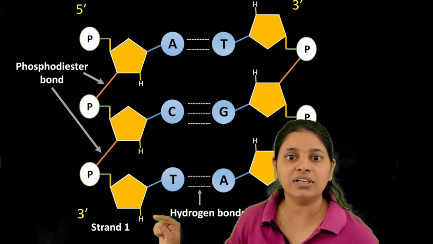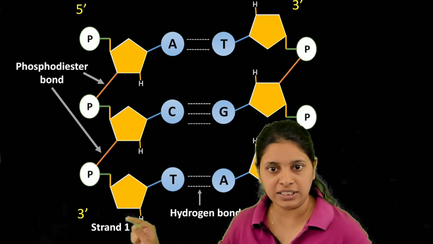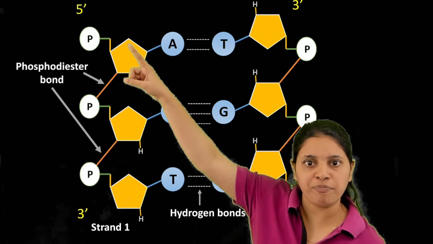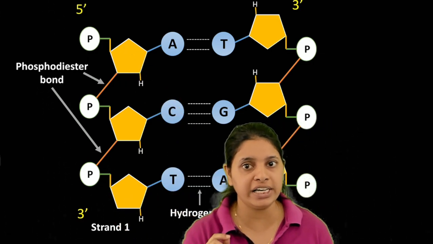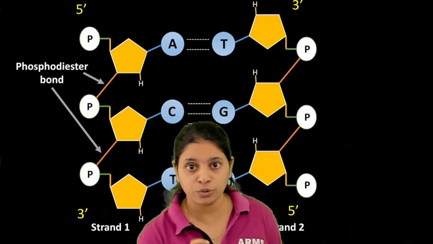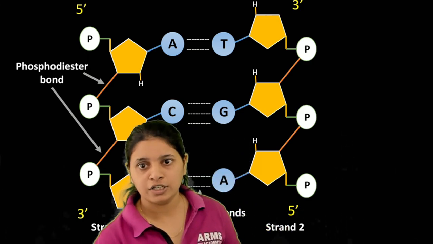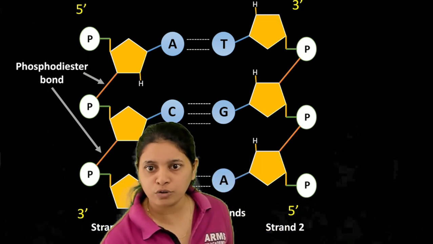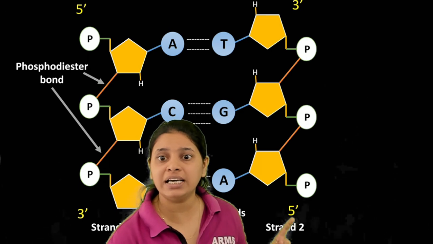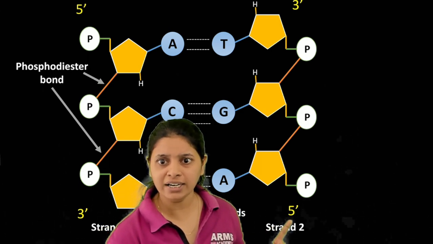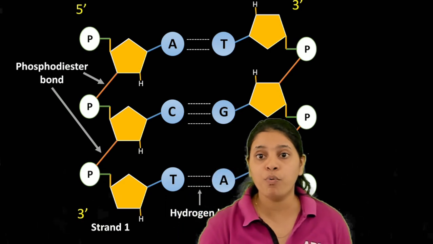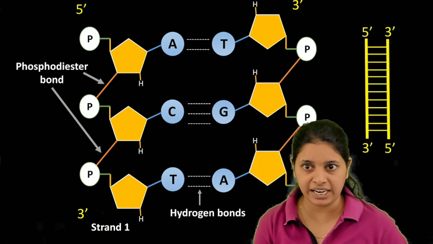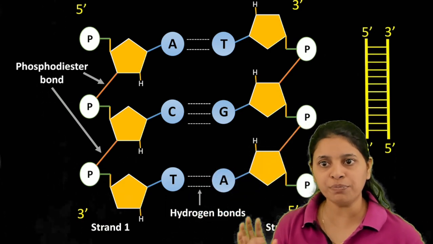So this is called the 3' end of this strand, right? So 5' and 3'. But as both the strands of DNA are anti-parallel, they have opposite polarity. So look at the second strand over here. Your 5' end is here, right? And the 3' end will be at the top. So both the strands of DNA are having opposite polarity.